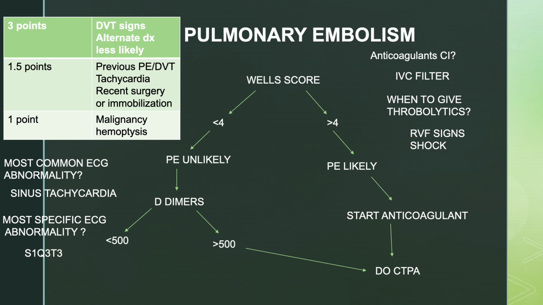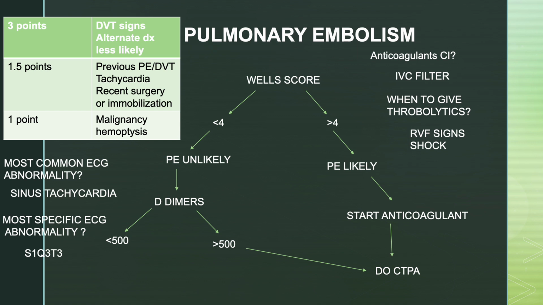This represents right ventricular strain. If you think about it, the thrombus is in the pulmonary trunk. The right ventricle has to contract the blood out and overcome that obstruction of the pulmonary embolus. So what happens? Right ventricular strain. And on ECG, it is S1, Q3, T3.